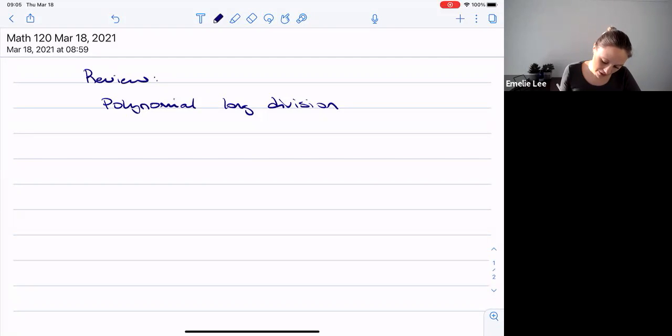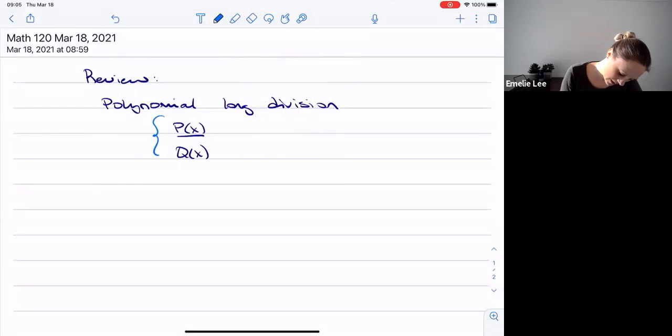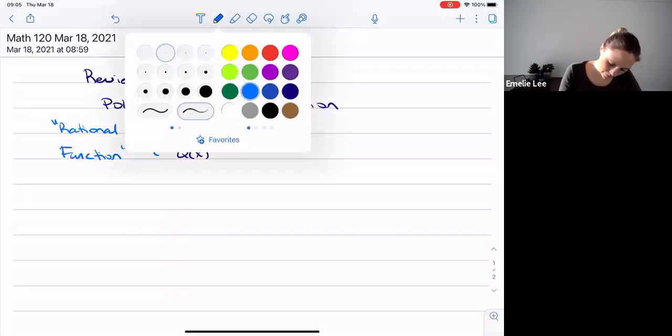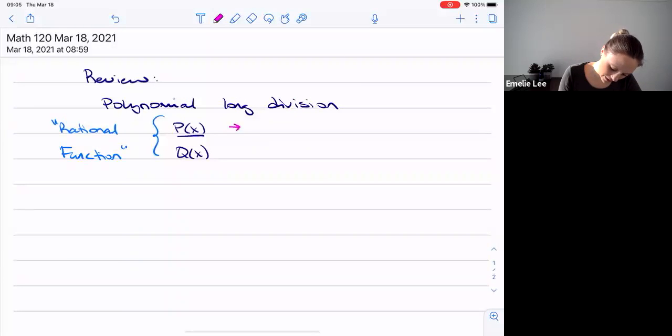So polynomial long division, if we have some p of x over q of x, and I will highlight here that this is called a rational function, because here we have a polynomial divided by some other polynomial.